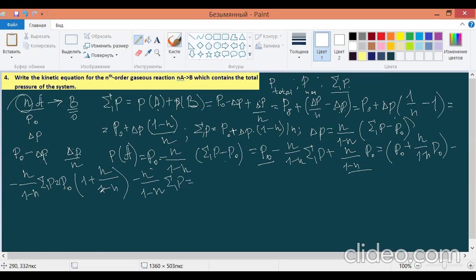Okay, now what I'm doing is very simple in terms of algebra. 1 minus n plus 1 over 1 minus n minus n over 1 minus n times sigma p.